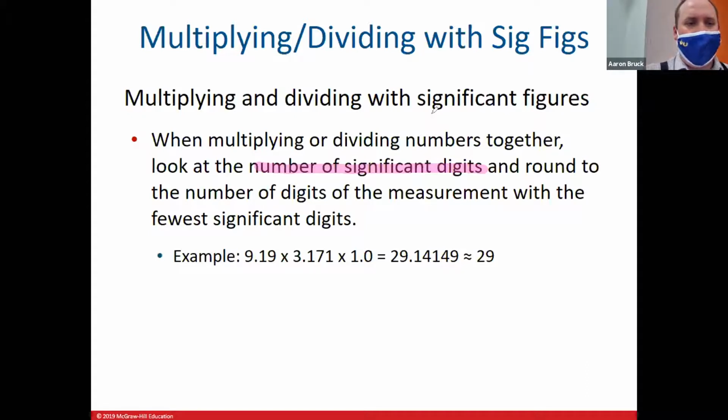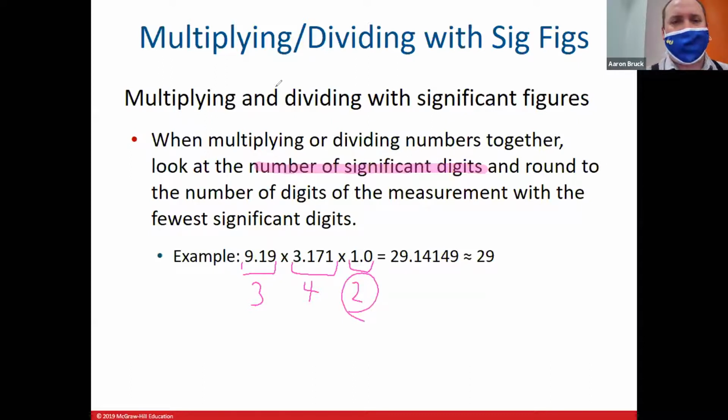So in this example, 9.19 has 3 significant figures. 3.171 has 4 significant figures. 1.0 has 2 significant figures. The weakest link principle says we need to round to the fewest sig figs available, which would be 2.